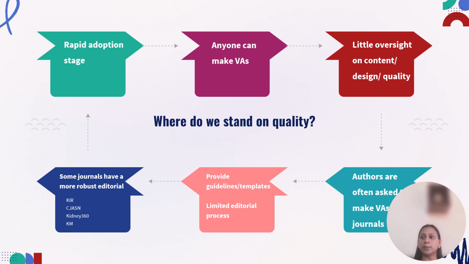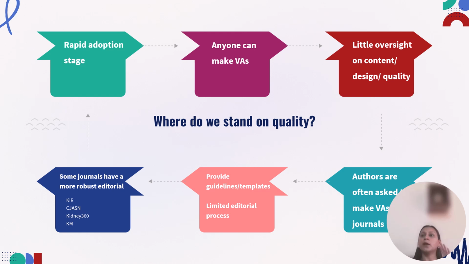Like when you submit a manuscript for review, it undergoes intense review, but your visual abstracts may not undergo that much intense review. However, some journals do have a robust editorial process for visual abstracts, like some of the nephrology journals like CJASN, KI Reports, Kidney360, Kidney Medicine.